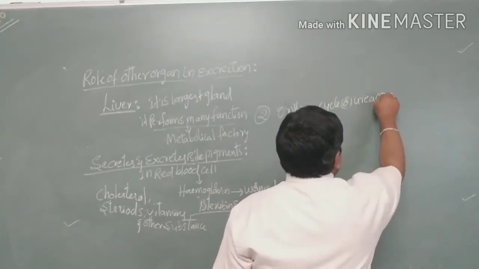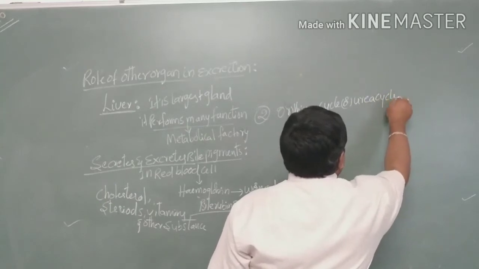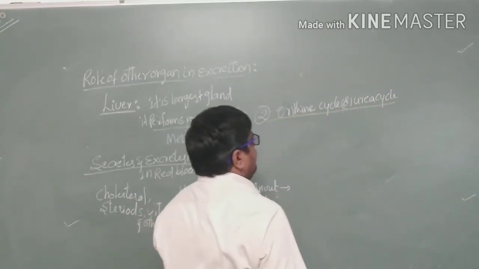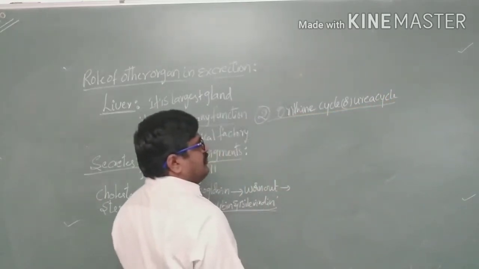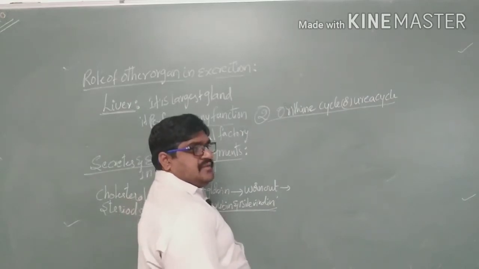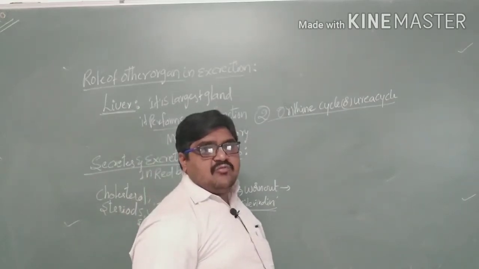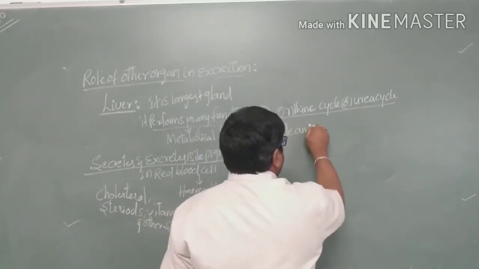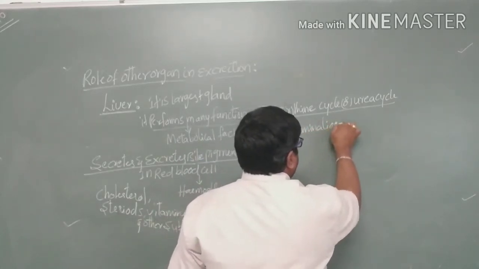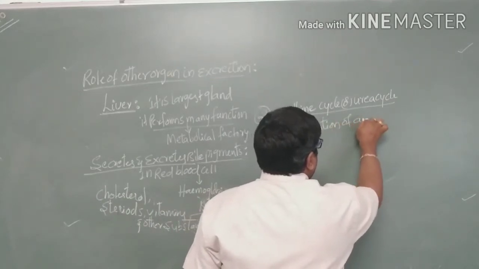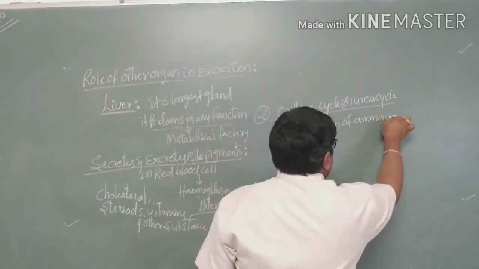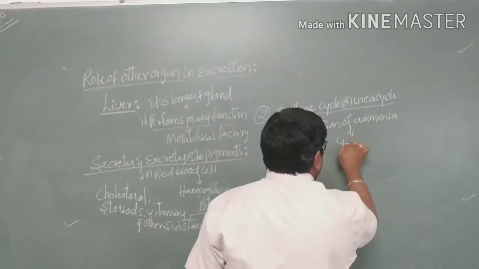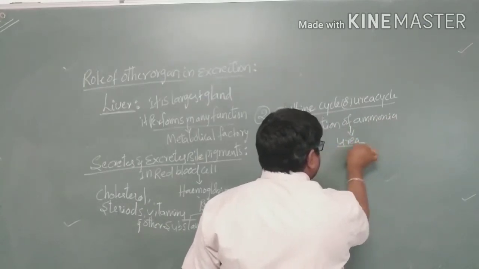Here the ammonia is converted into urea by deamination, and that urea is excreted outside.